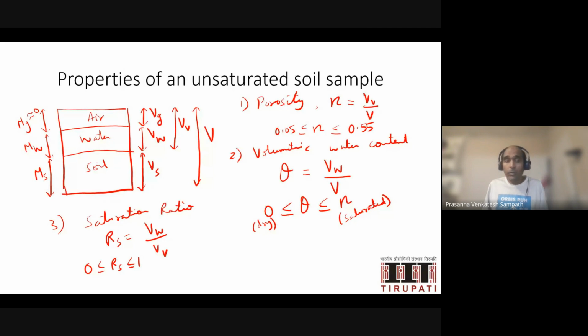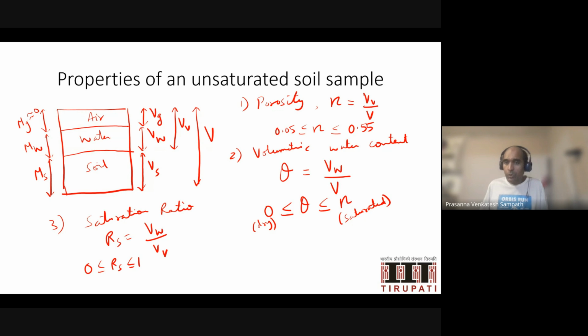The second property we looked at was the volumetric water content, which we denote by the letter theta, defined as the volume of water in the sample divided by the total volume of the sample. Because of the way we define it, the value of theta can range anywhere between 0, a perfectly dry sample, to n, the porosity, for a perfectly saturated sample.